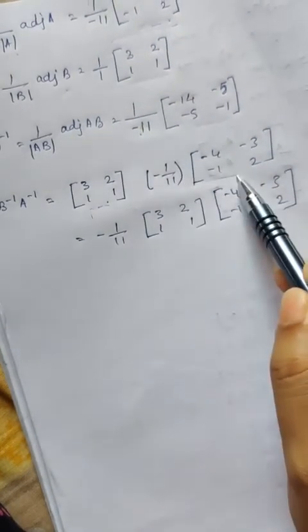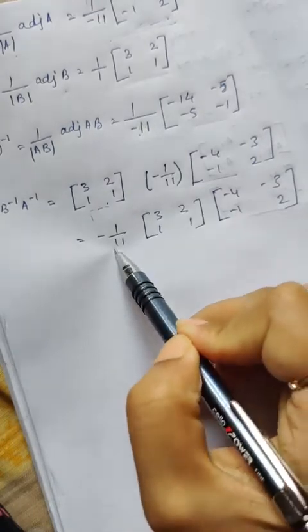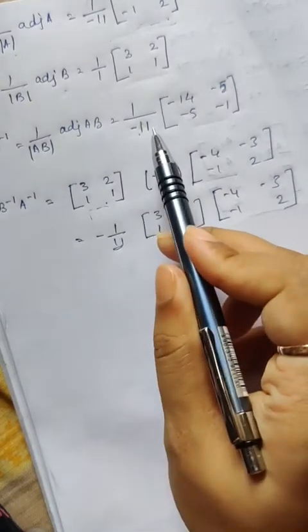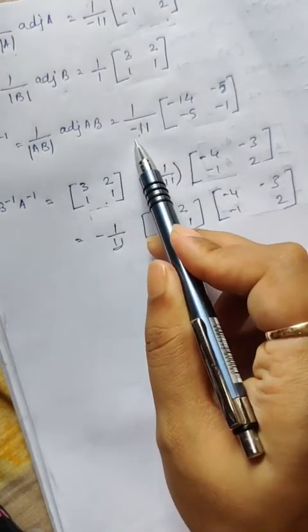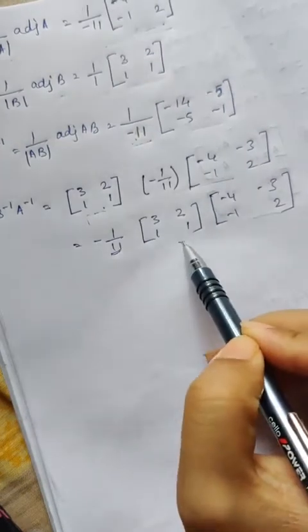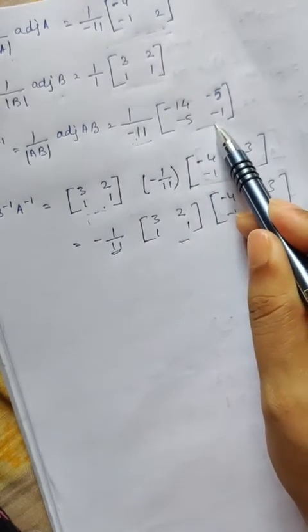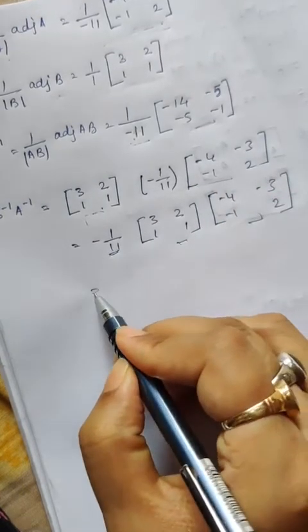So this is the matrix. Now we will keep -1 by 11 like this, because in our answer also we need 1 by -11 like this. Now we will multiply these two matrices to get like this. So let's do.